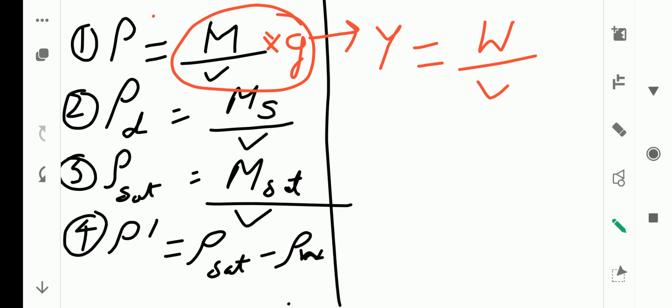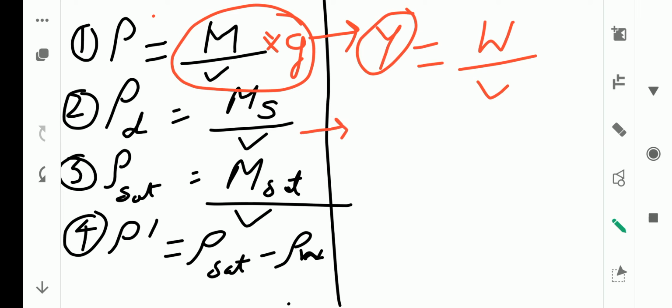That is, this term is known as bulk unit weight. Instead of writing in terms of mass per unit volume, we are now writing in terms of weight per unit volume. So instead of saying bulk mass density, we will rename it as bulk unit weight, right?